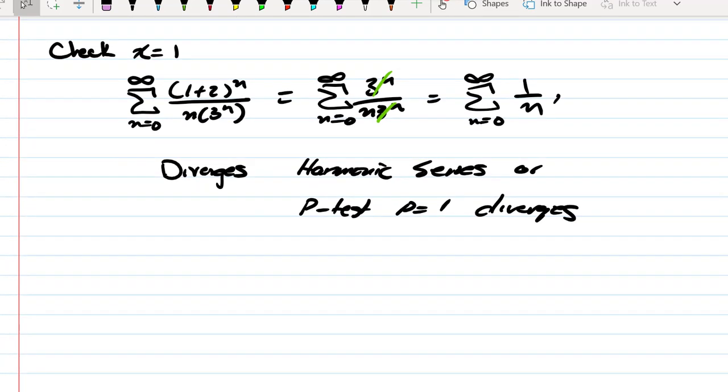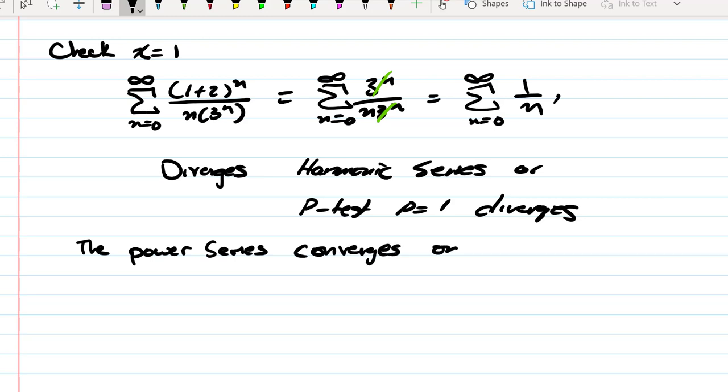So the power series converges on negative 5 to 1, including negative 5, but not including 1.